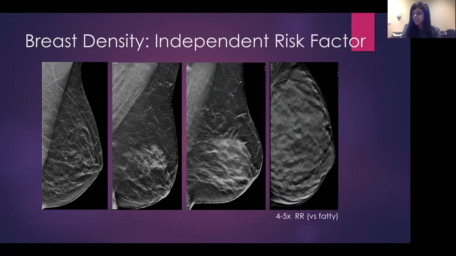Another important factor is that breast density itself is an independent risk factor for breast cancer. So somebody who has extremely dense breast tissue has a 4 to 5 times relative risk of developing breast cancer compared to somebody who has fatty breast tissue. They have a 2.1 times relative risk compared to somebody with just average breast tissue, and somebody who has heterogeneously dense has a 1.2 times relative risk.